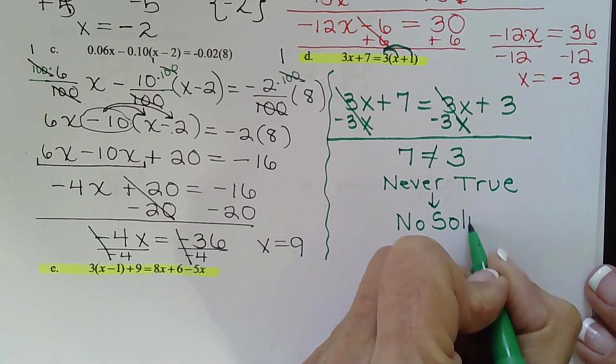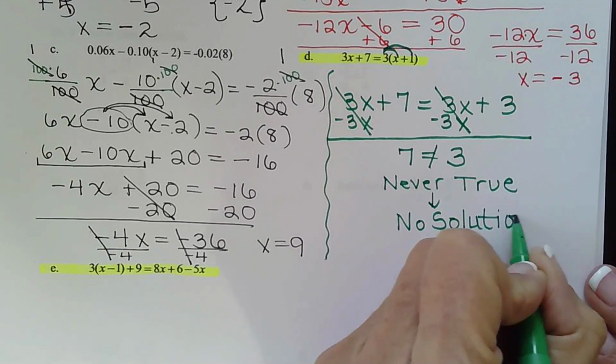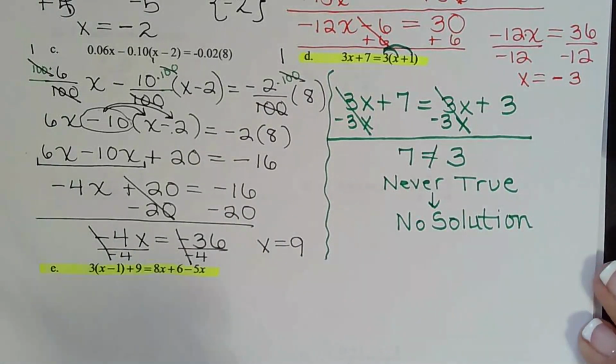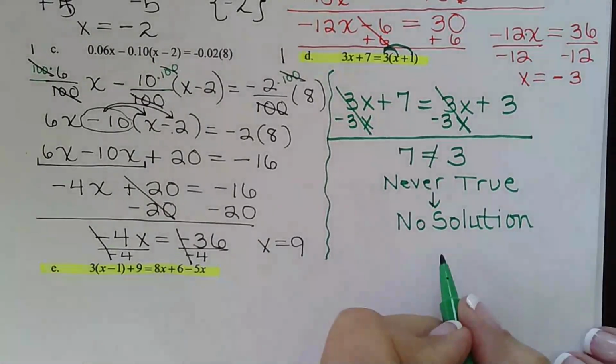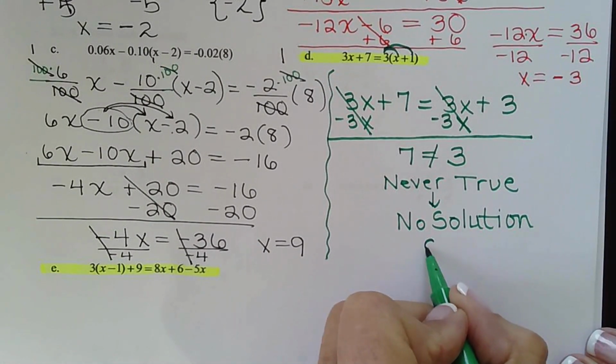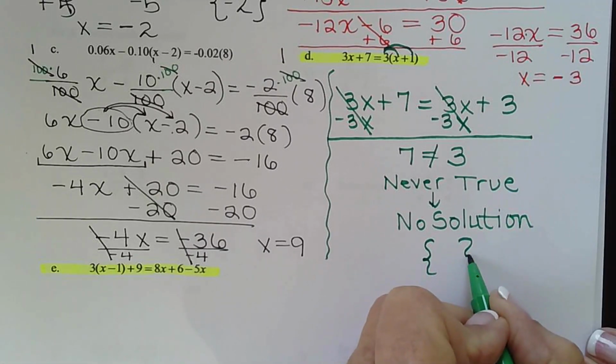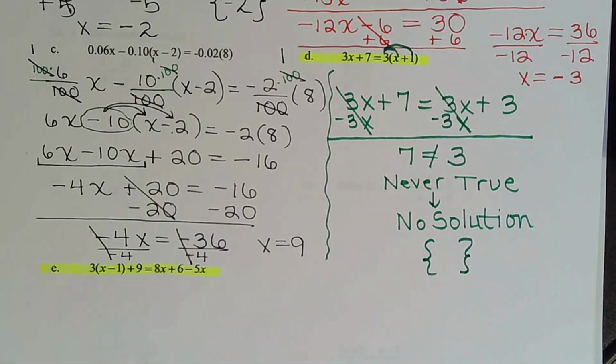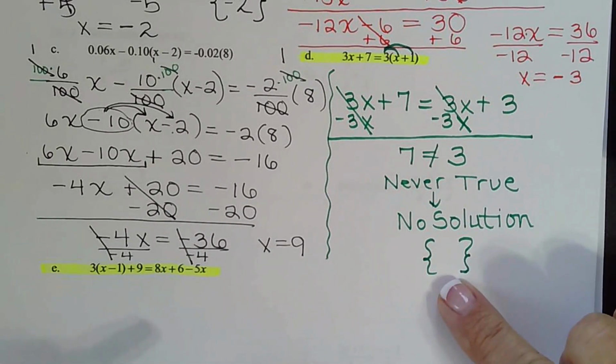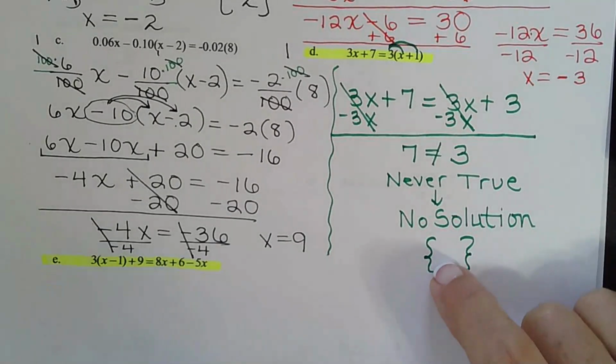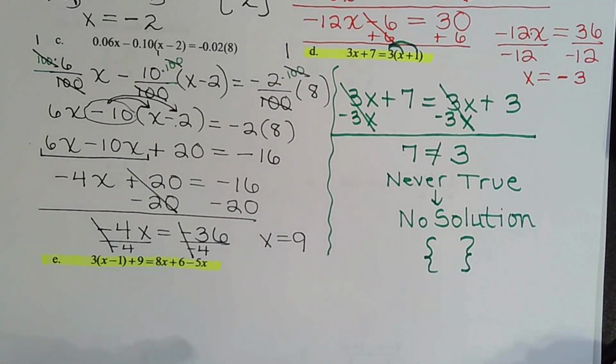And sometimes they'll have you write the words no solution or pick it in your toolbox. Sometimes they'll have you write this as the no solution. So in high school, they let you do the little circle with the slice through it. They don't do that in college. So it's either going to be no solution, or it's going to be what we call the empty set, meaning there's no solution inside.